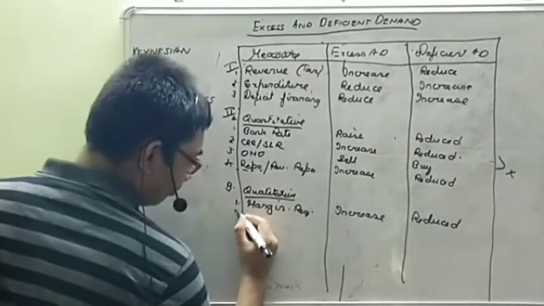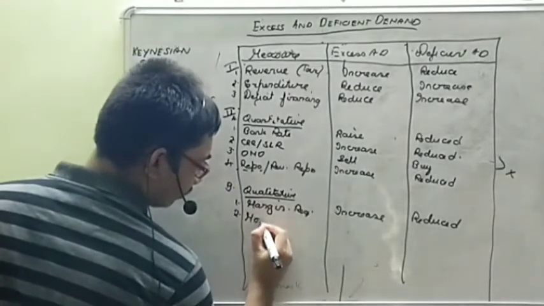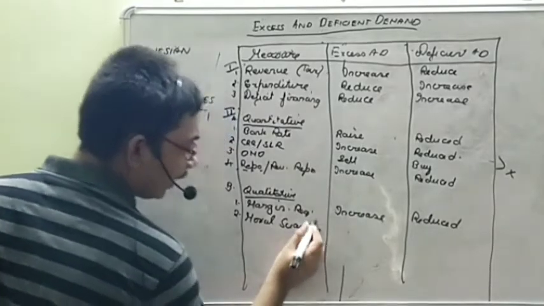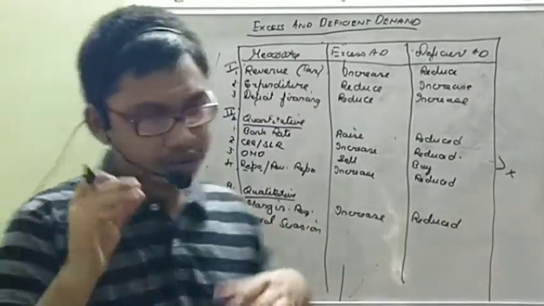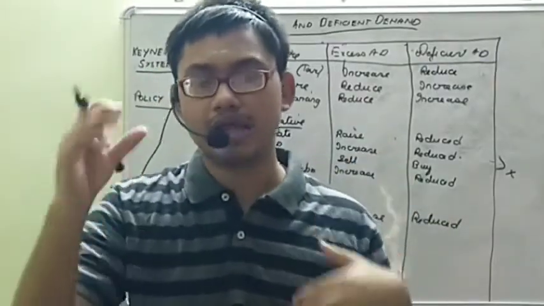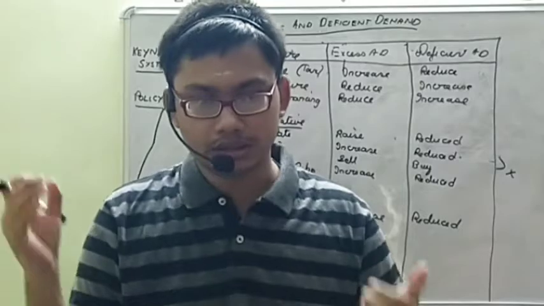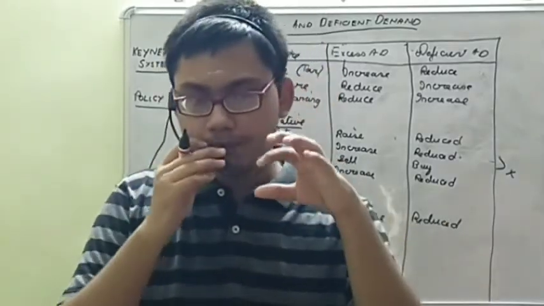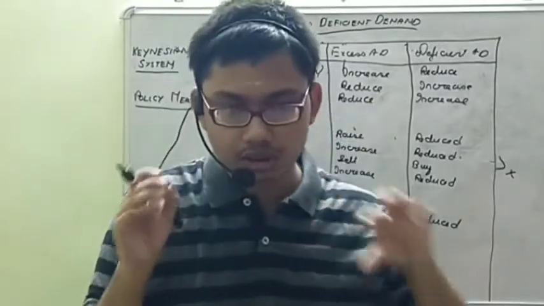Then the second measure is moral suasion. The central bank or the monetary authority will persuade the banks to lend more or lend less. Means they will not tell you what you should do, but they will persuade. See, the situation is like this.